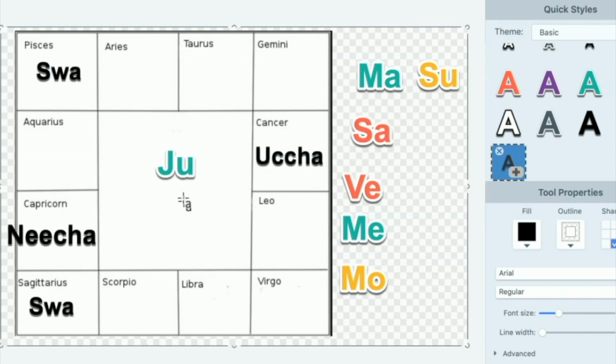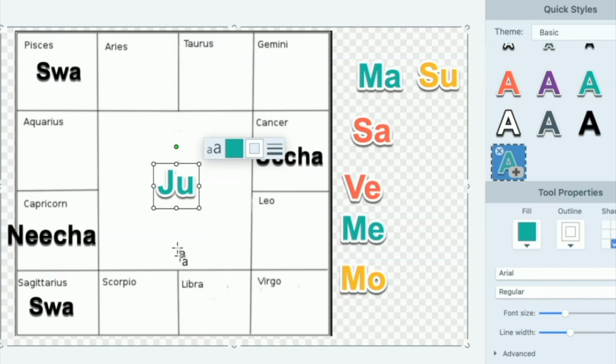So the reason Jupiter is exalted in Cancer is, well, one of the reasons, Jupiter is one of the rulers of Punarvasu, but also each nakshatra has a specific deity, and the deity that rules Pushya is Jupiter, is Guru.